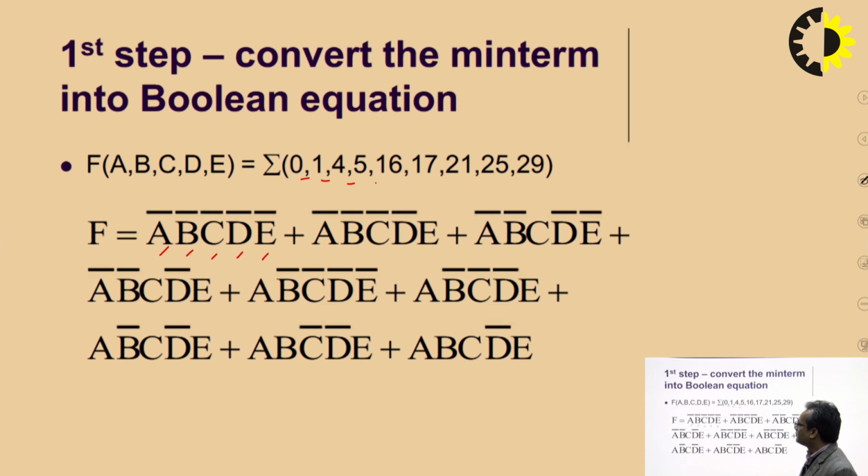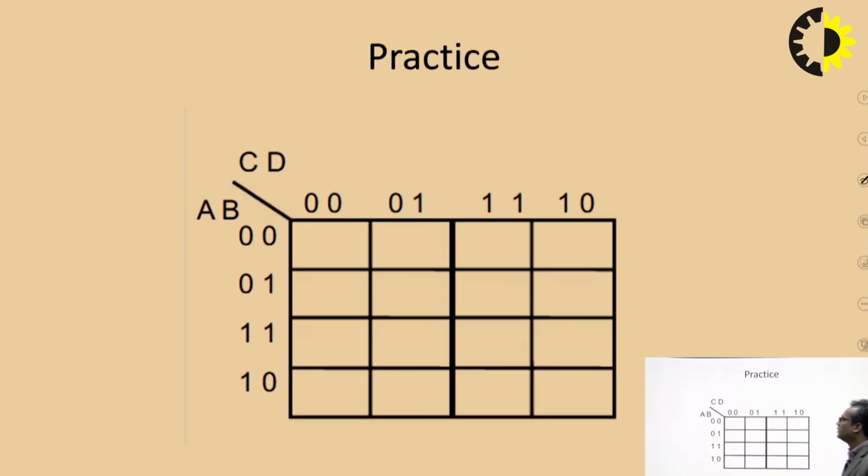For practice you can have a blank K-map of 4 variables, and you can use different cases. For example, I have these ones and these ones. So these 8 ones can all be combined with the help of the folding law.